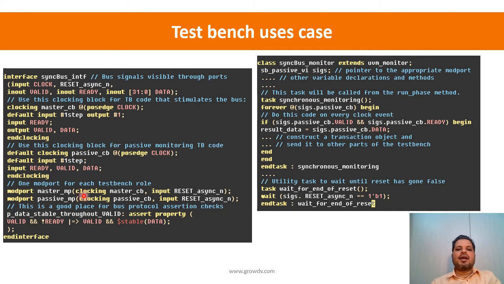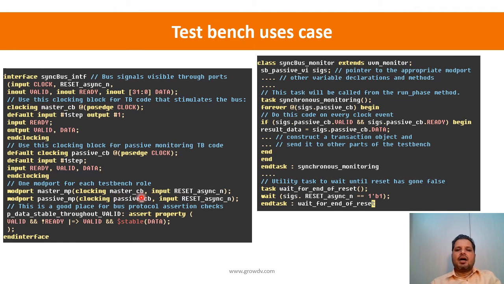And then we are declaring two mod ports. We are declaring a mod port master MP, where the clocking block master CB is getting utilized. And if you remember, as soon as we declare a clocking block, the corresponding instance of a clocking block with the same name gets created, so we are using that one over here.